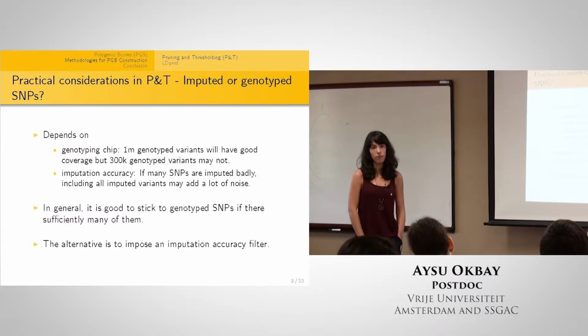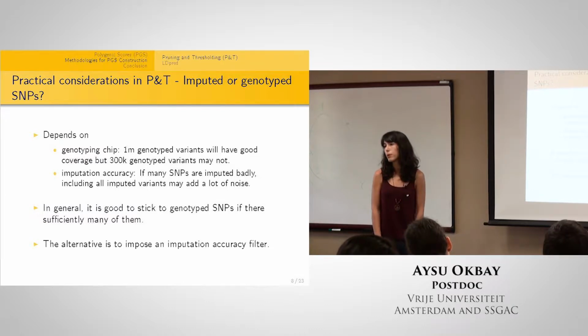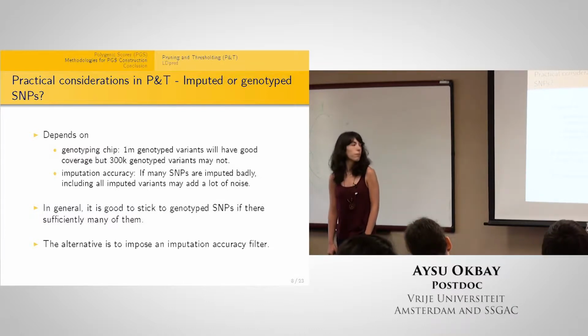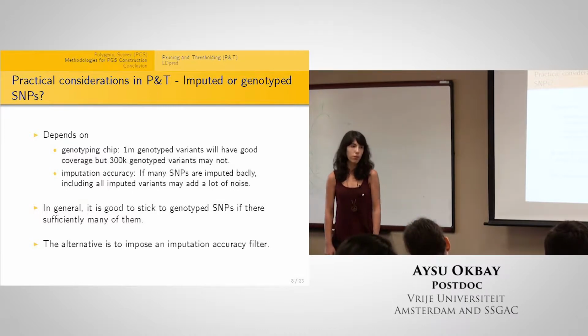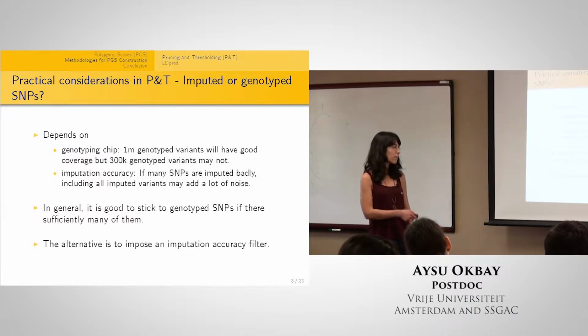Otherwise, if you have very few genotyped SNPs, imputed SNPs are a better option. If you're including imputed SNPs, it's also a good idea to impose an imputation accuracy filter so that you don't include the worst imputed SNPs.